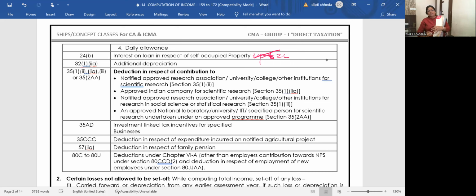Now this has a problem, I'll explain it with an example later. For now, normal depreciation is allowed, additional depreciation is not allowed.